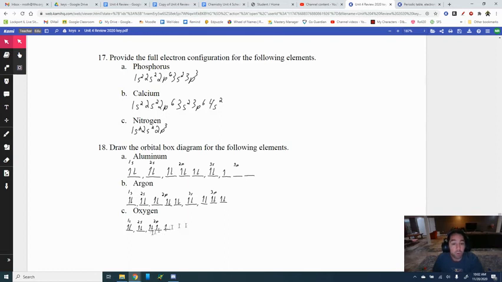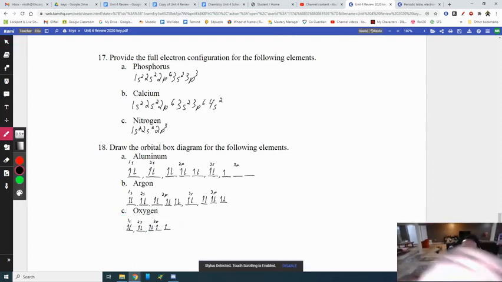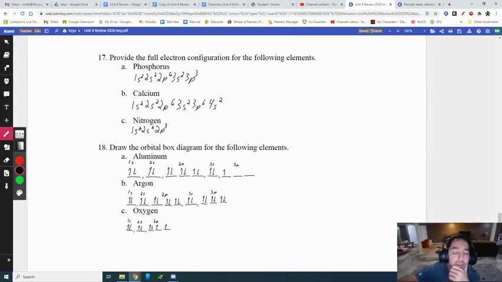Now, a couple things. First, when we have a sublevel that has more than one orbital in it, like the p sublevel, okay, we can only fill out one electron per orbital at a time. Okay, so for example, oxygen. So oxygen has the one, two, three orbitals.